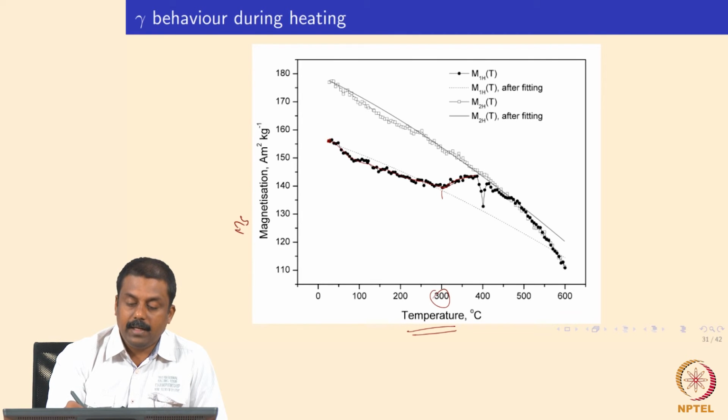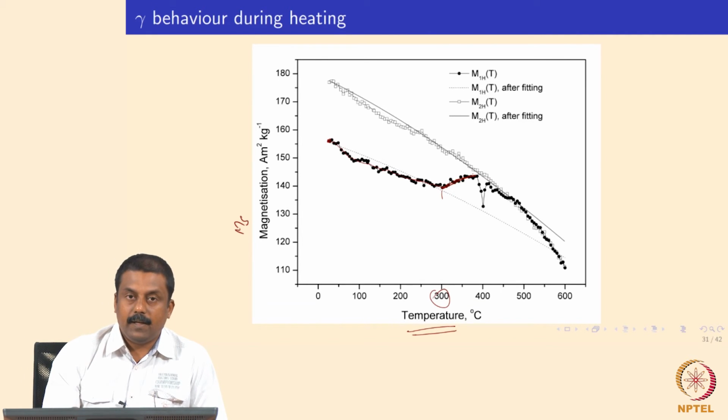So if there is an increase in saturation, what does it imply? It implies that the microstructure is now becoming more ferromagnetic. That means that something happens to retained austenite, and retained austenite is converting into a more ferromagnetic structure, and we will see in subsequent slides what happens to retained austenite.